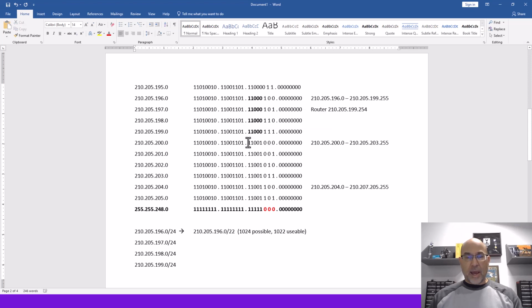Now it changes. So now I'm finding out what the network would actually be for these hosts. Is it 196 now? No, it's not. It's actually 192 to 199. And so what I'm now doing is aggregating 8 networks together.